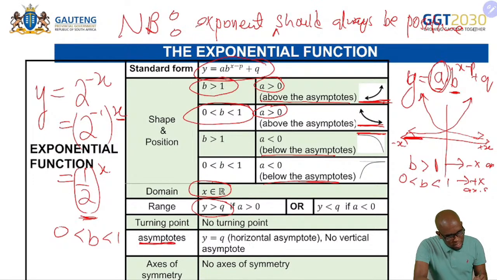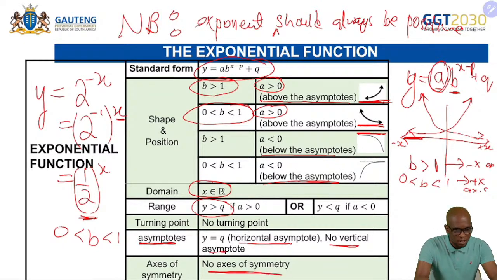It only has a horizontal asymptote, there is no vertical asymptote, and there is also no axis of symmetry. That is the summary of those particular functions that we're going to deal with. We call them the algebraic functions.